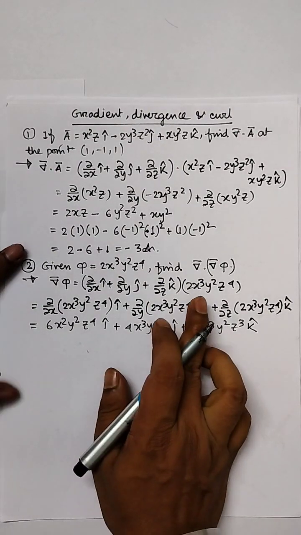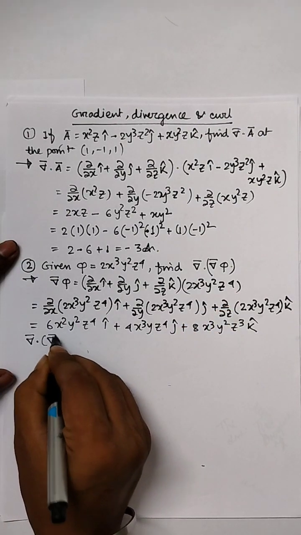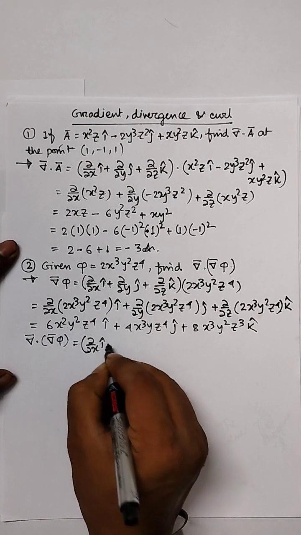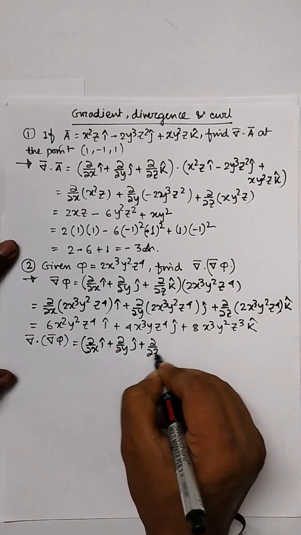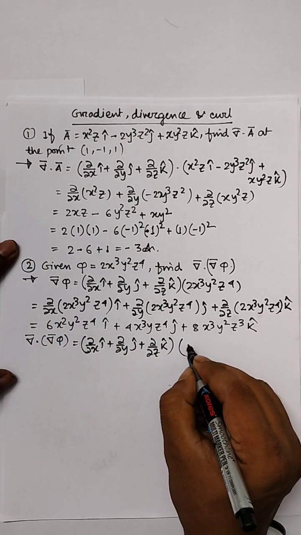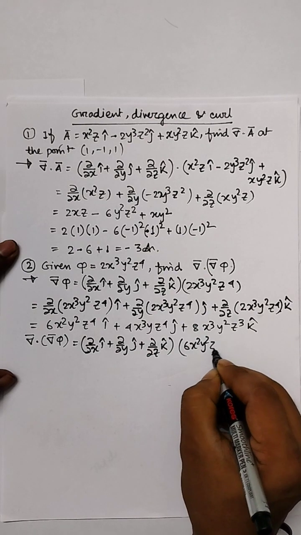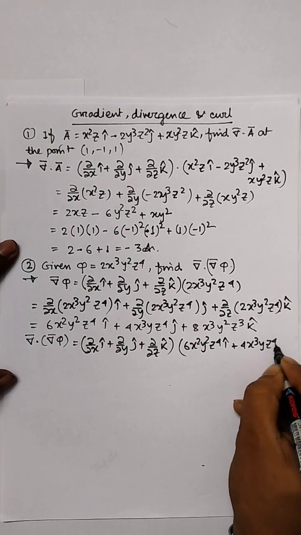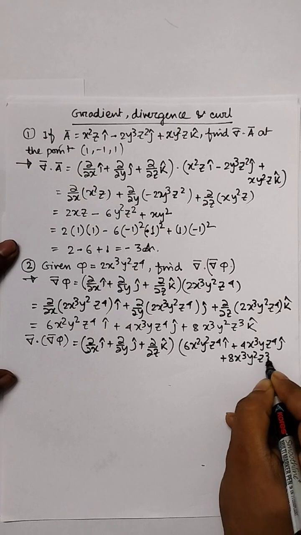But as the question is del dot del phi, that means taking the divergence of del phi. So del dot del phi, again del/del x of i, del/del y of j, del/del z of k, and obviously the value of del phi, that is a vector quantity after doing the gradient: 6x squared y squared z to the power 4 i, 4x cubed y z to the power 4 j plus 8x cubed y squared z cubed k.